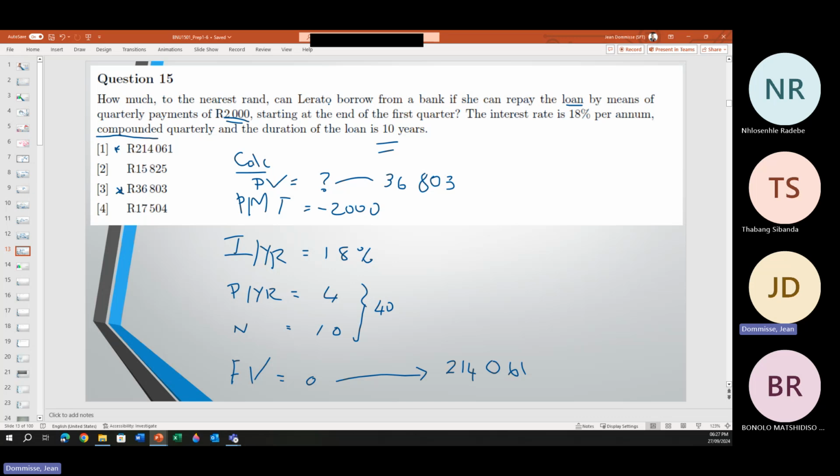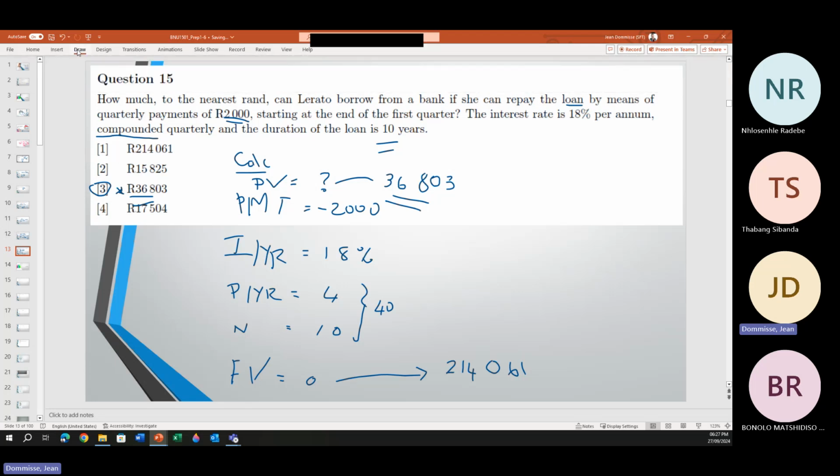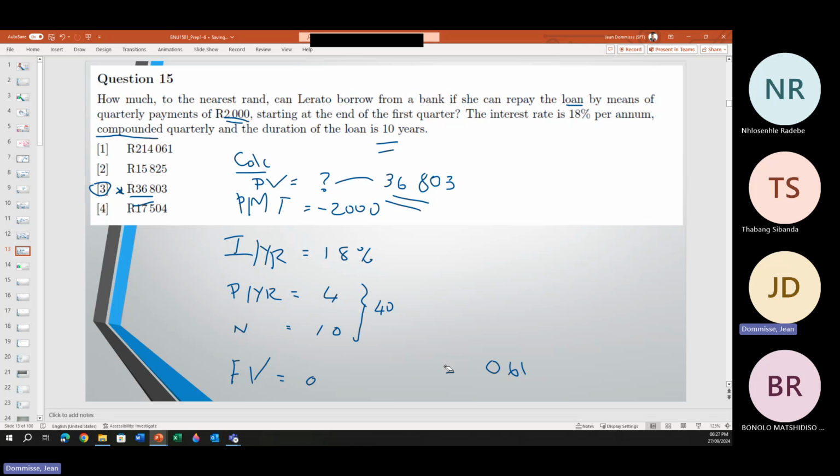What I get out of it is, how much will she be able to borrow? So that is the 36,803, the present value. Because it's a loan, you don't pay anything in the end.